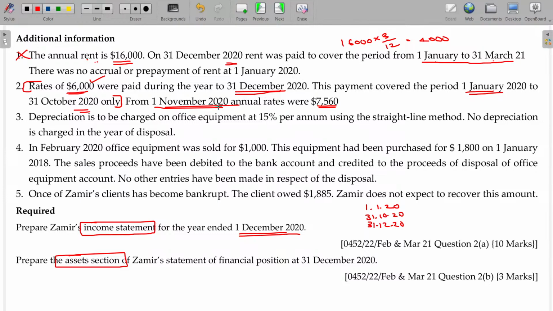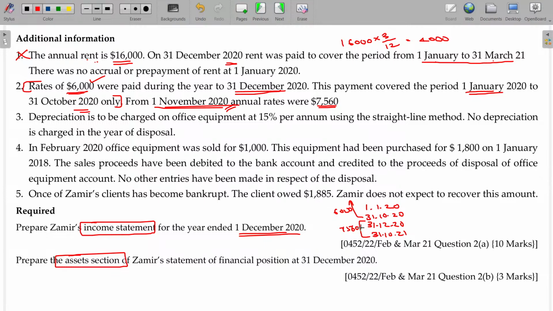Thereafter, from the next date onwards for 1 year, from this date to the next year, 31/10/2021, in this period, annual premium being 6,000 here, the annual premium being 7,560. This is for 12 months.